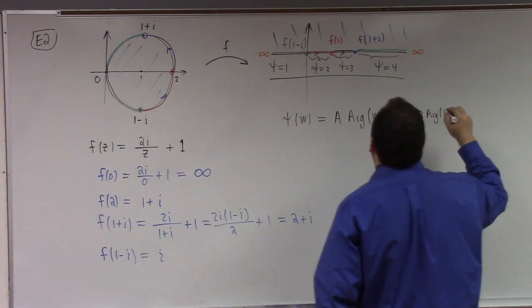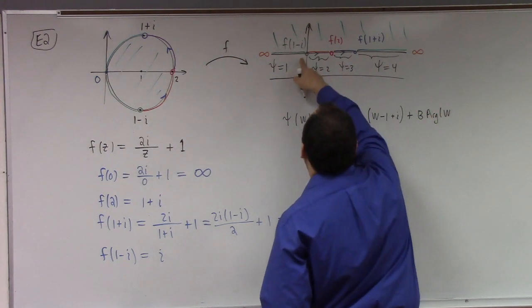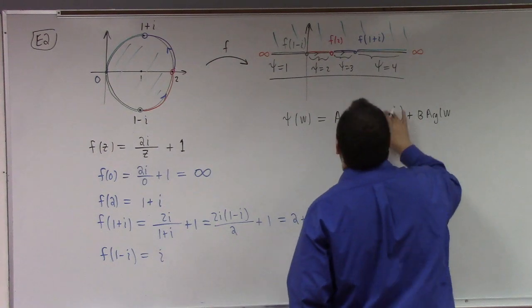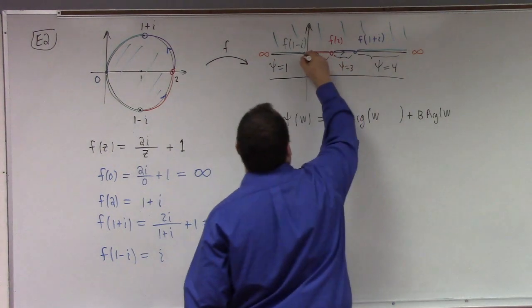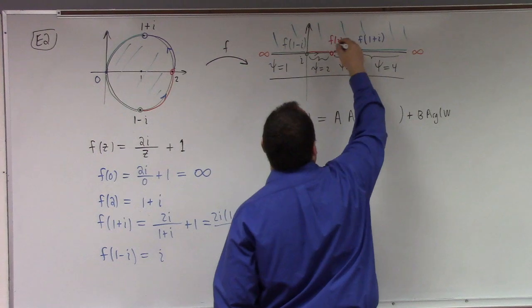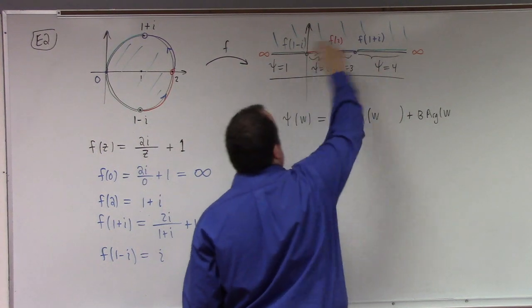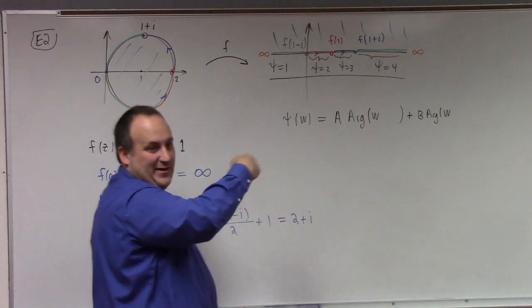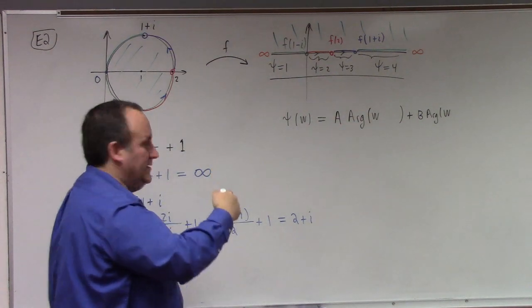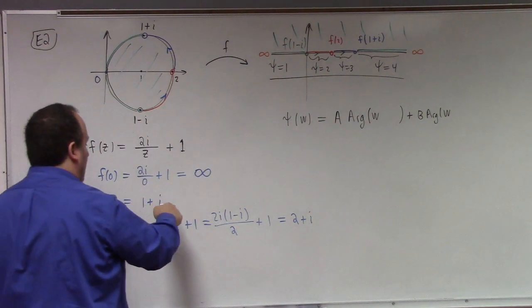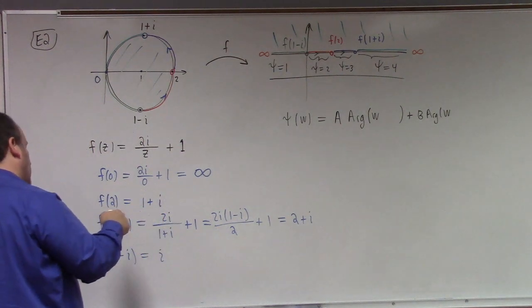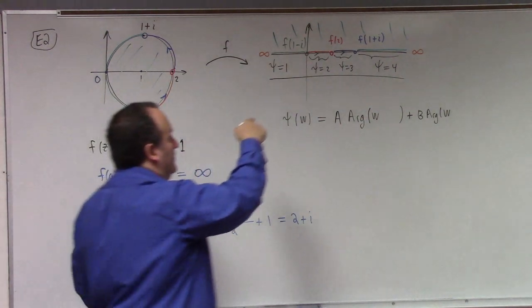I better be careful. It's not 1 minus, the question is what's that point? It matters what these are. It's what the value is in the w plane that figures into this, right? Not where it came from, but where it's going, which were 1 plus I for this is I.